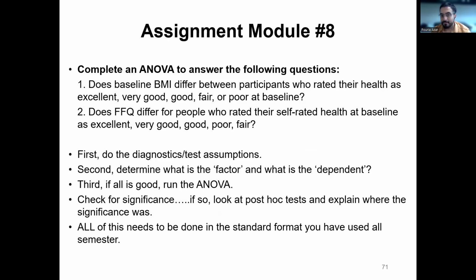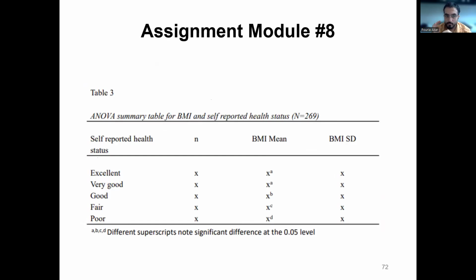And if your F test statistic is significant, I want to see your post-hoc test. And this is the table, for example, your table for one-way ANOVA. This is the APA style. And I want to see this.